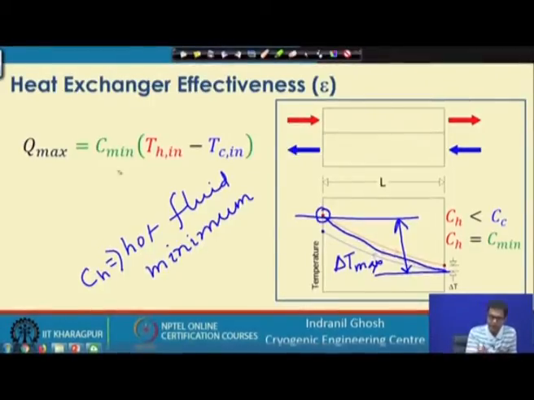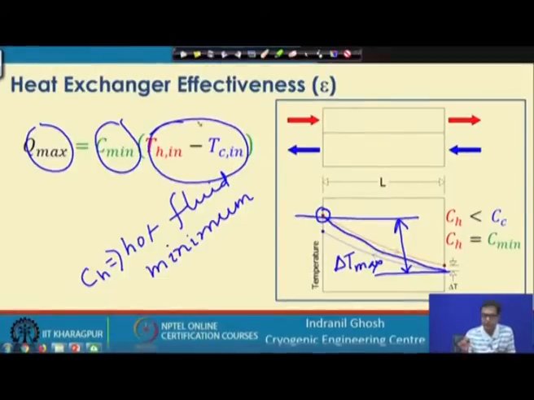So, we can write that Q max is basically C min multiplied by T H in minus T C in. So, we have an idea about Q max, and we have an idea about the actual heat transfer Q that is taking place.